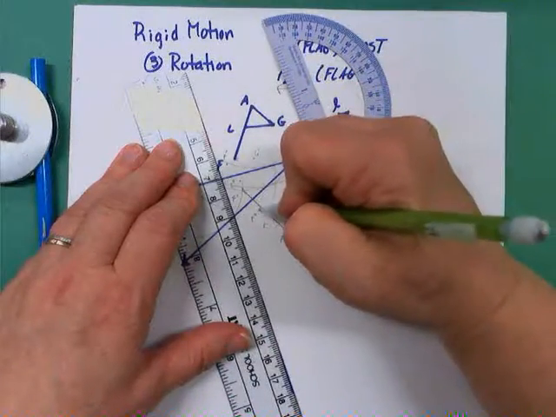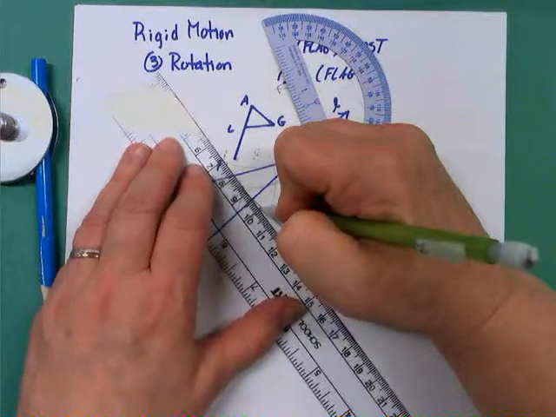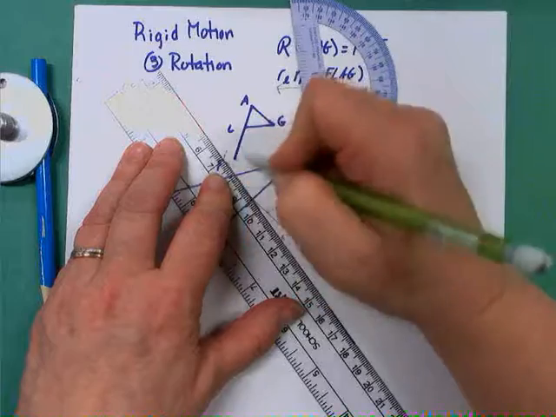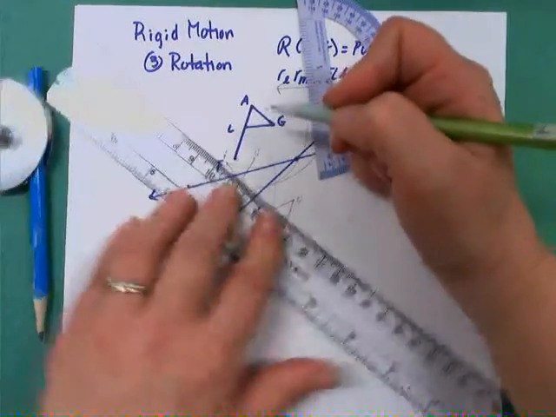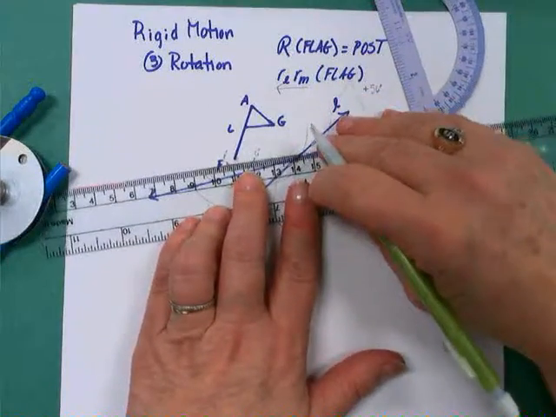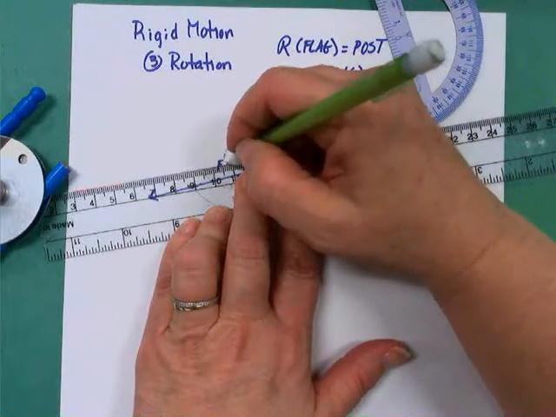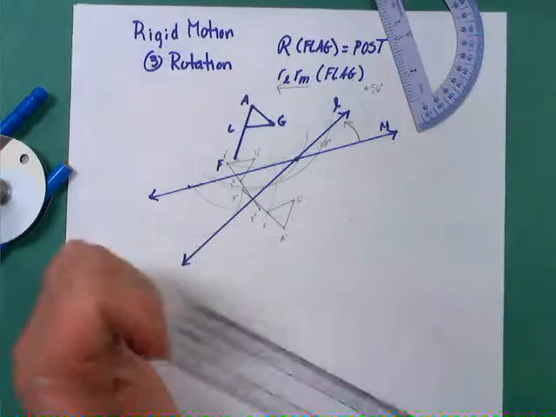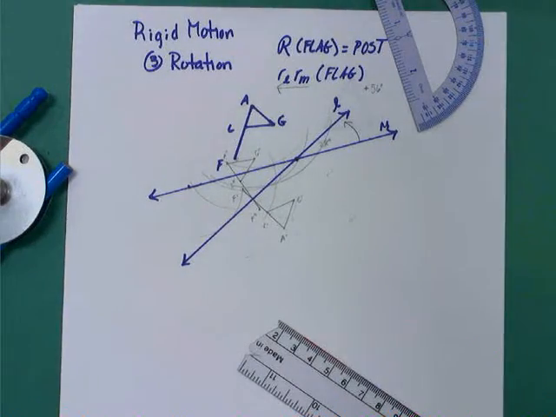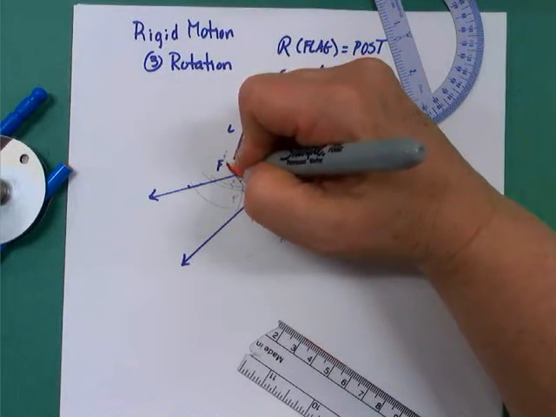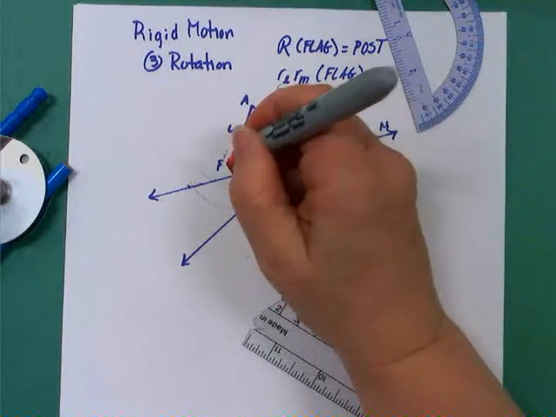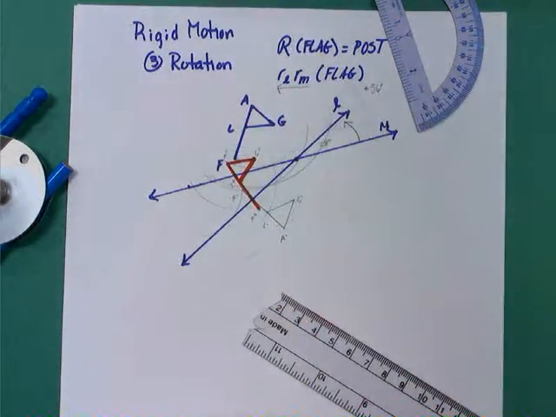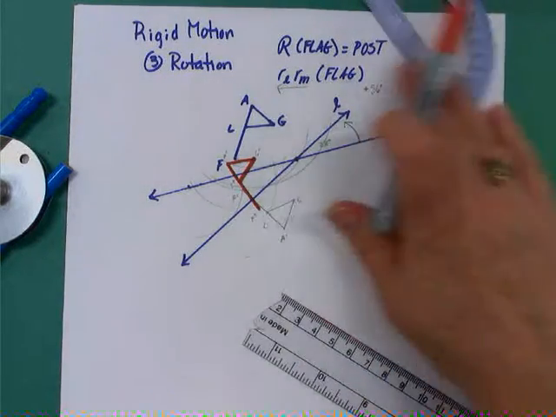If I connect my F double prime to my A double prime, then connect my L double prime to G double prime, and my A double prime to G double prime, I will get the second reflection. So this shape right here in red is the final result of my two reflections over the intersecting lines L and M. Now I want to name it correctly.